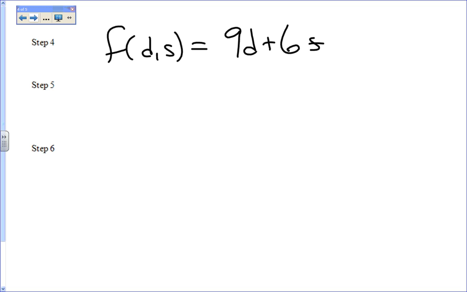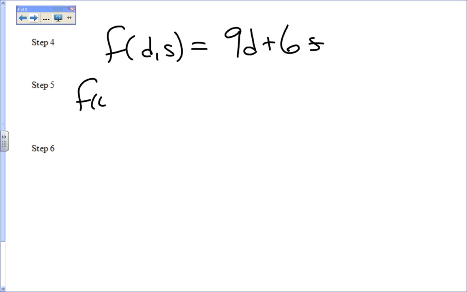Here's your step 4, which was your max-min function, which you probably already have there, right? 9d plus 6s. Now we have to put in all those ordered pairs, which is step 5.